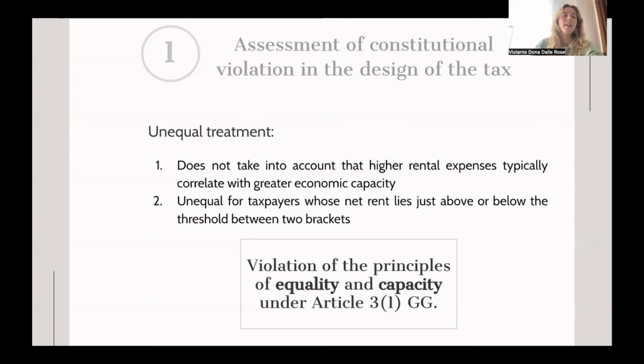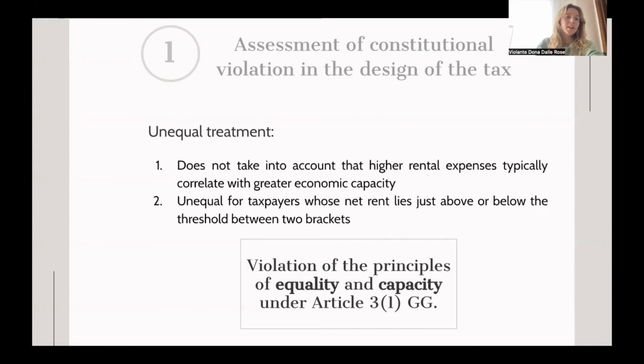And secondly, unequal treatment relates to the threshold between one bracket and the next in relation to the taxpayers whose net rent lies just above or just below the threshold between two brackets.